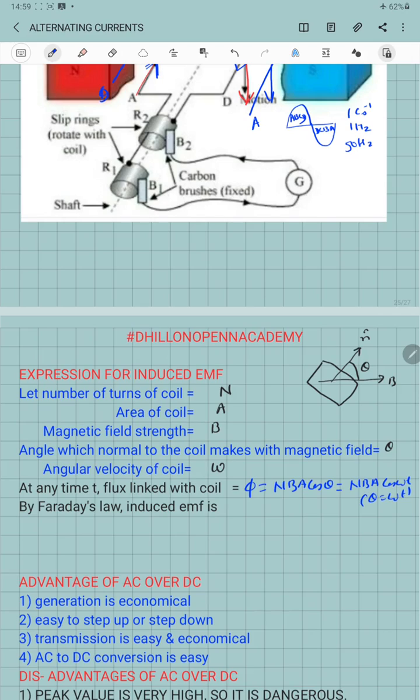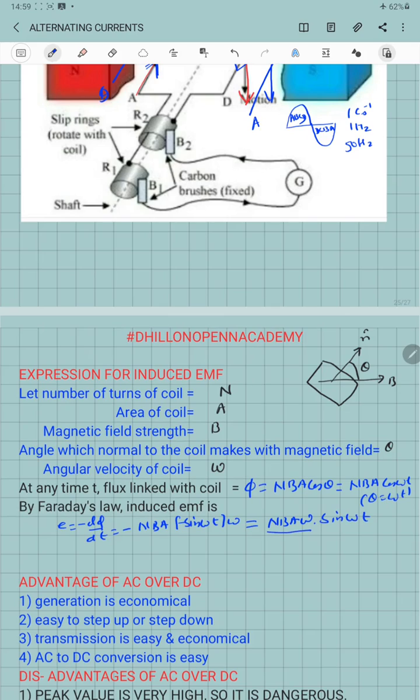So by the law of electromagnetic induction, the EMF induced will be equal to minus d phi by dt, which is minus the time derivative of NBA cos omega t, which will be minus NBA into minus sine omega t into omega. The negative signs cancel, and we have NBA omega into sine of omega t.